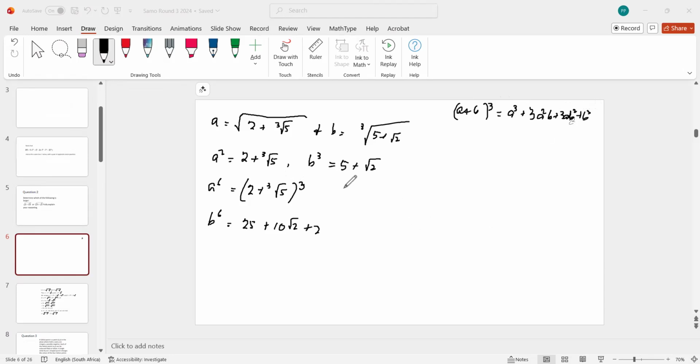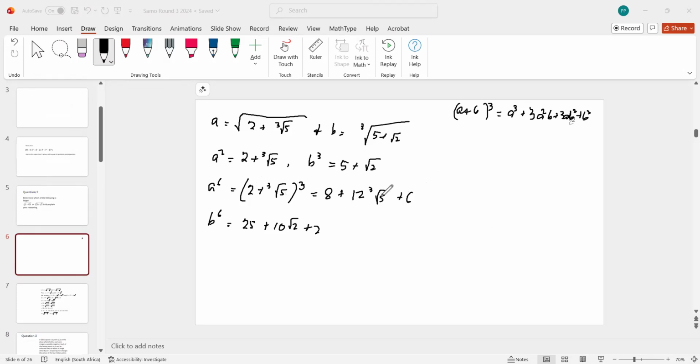So if I'm cubing this, I'll say it's 2 cubed, which is 8, plus 3 times 2 squared, that's 12, times b, that's cube root of 5. And then I get plus 3 times this times the square of that. 3 times 2 is 6.